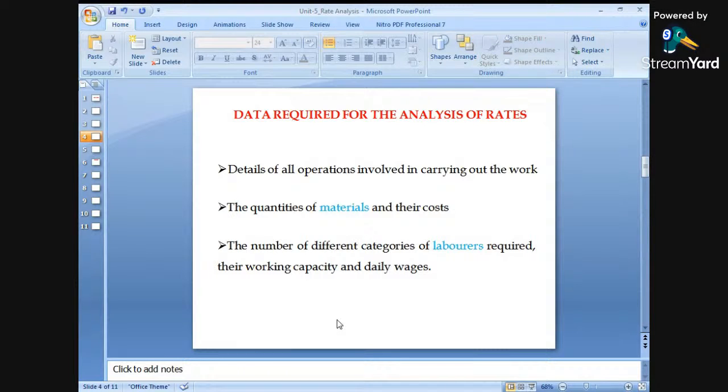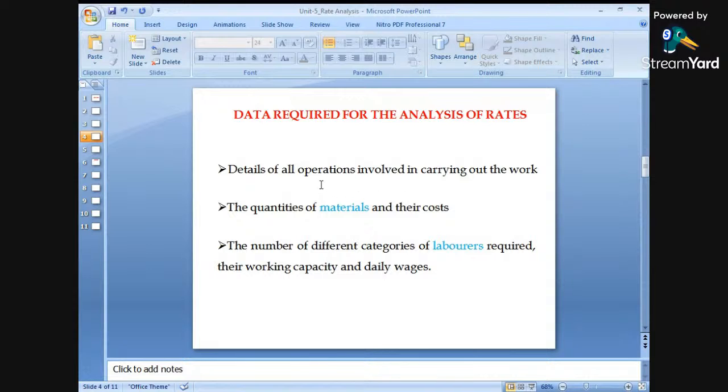Suppose we are finding out the rate of RCC work, or the rate of PCC. Starting from hand mixing or dry mixing up to the finishing, what are the different stages? What are the different operations carried out? First we have to identify these operations which have been involved in a particular type of work. So details of all the operations involved in carrying out the work.